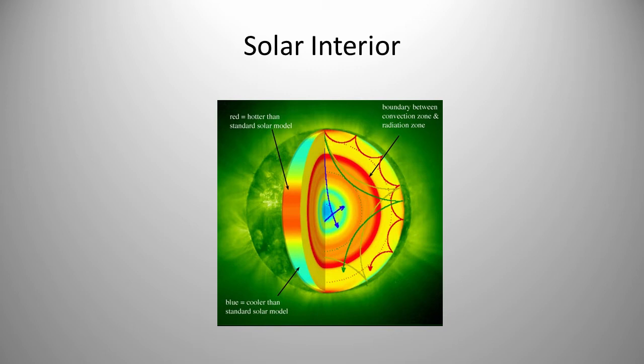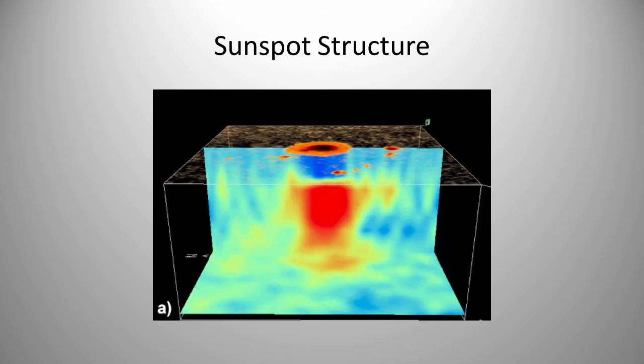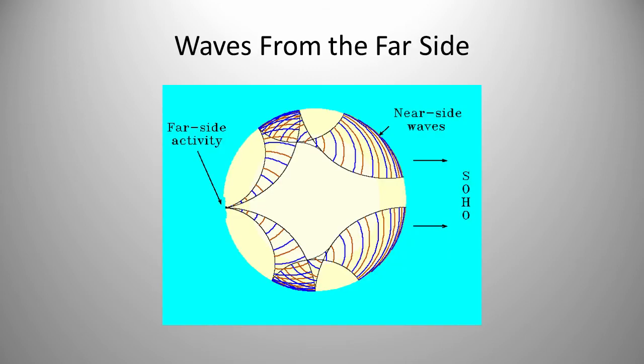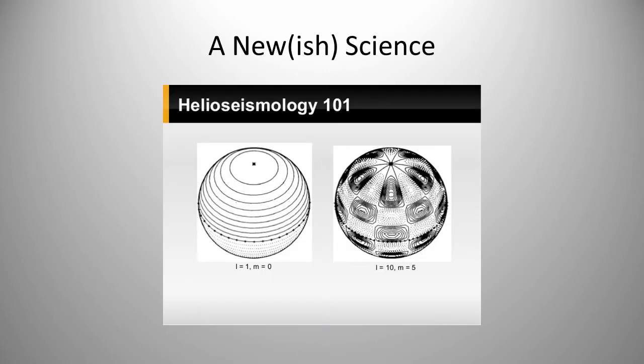We can determine the structure of sunspots below the surface. We can even detect sunspots when they are on the other side of the sun, facing away from us. We can see them coming before they rotate into view. This field of study is called helioseismology, and it's a fairly new discipline.